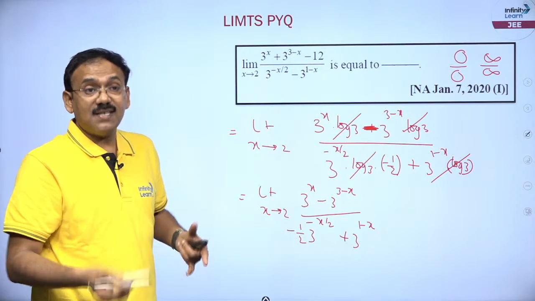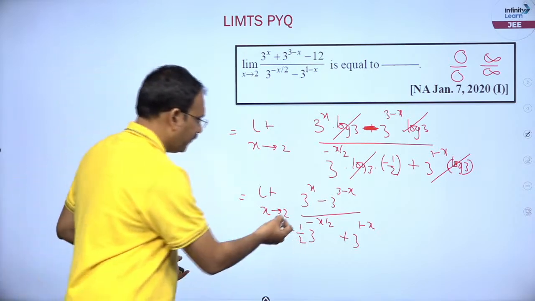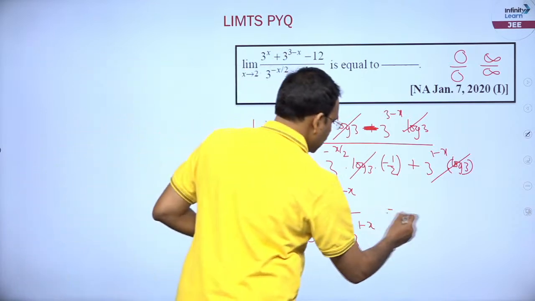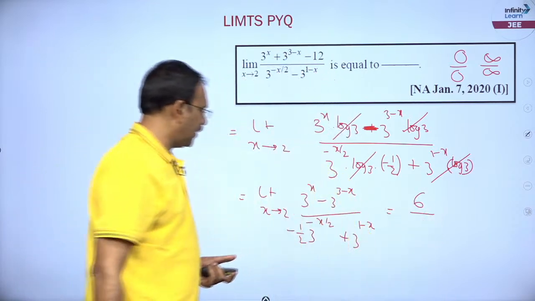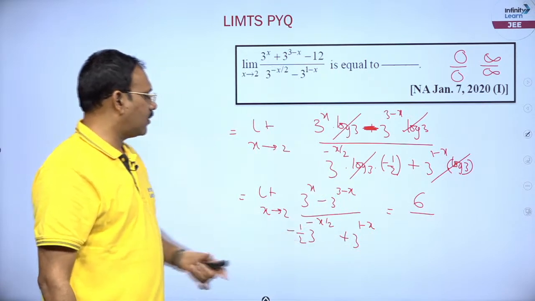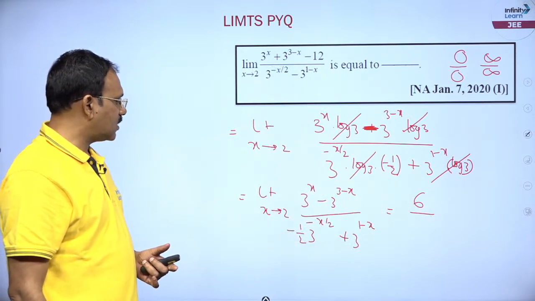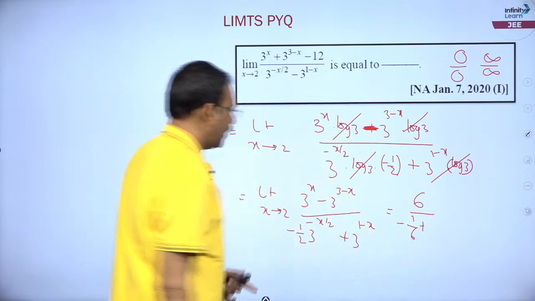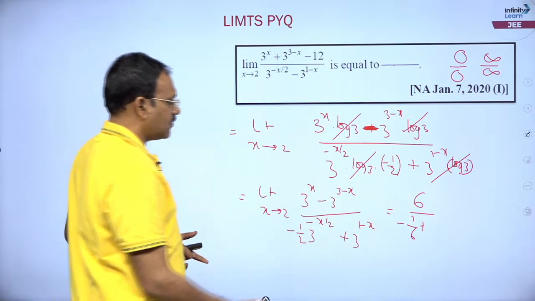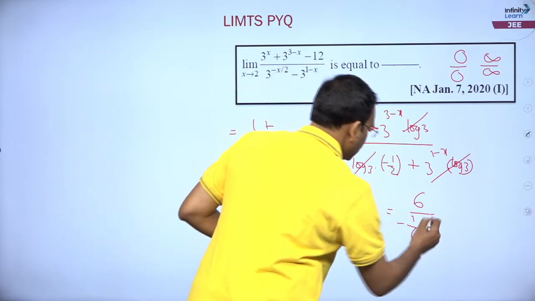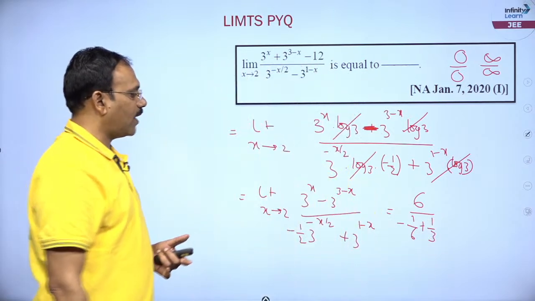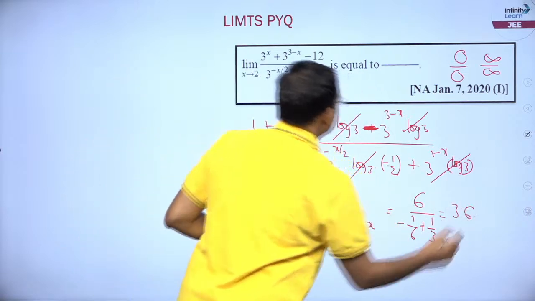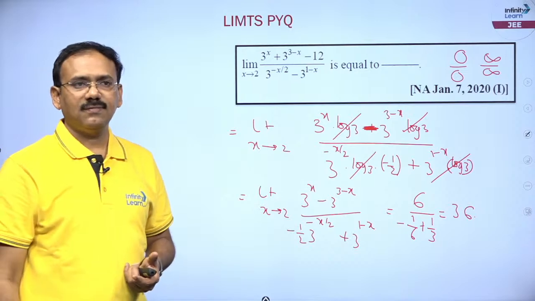So that means there is a chance that you are going to get the answer: 9 minus 3, which is 6, by 3 power minus 1, 1 by 3, which is minus 1 by 6, plus 3 power minus 1, which is 1 by 3, which is 2 by 6, which is 1 by 6. So, 36. Yes, that is all.